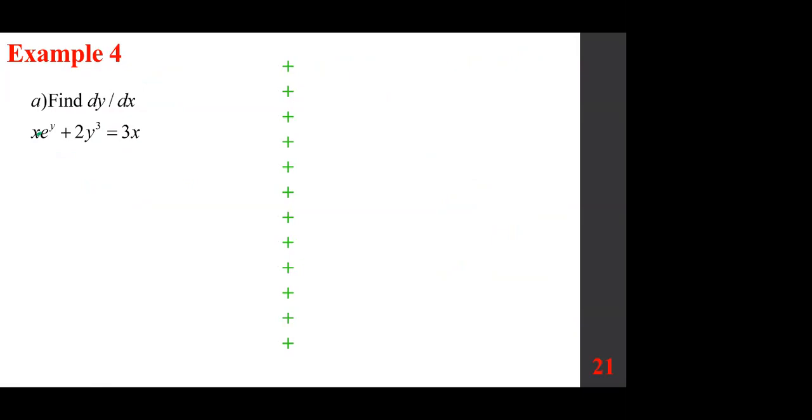Let's see what we get. Try this, everybody. We want to see if we can do the first step very carefully. Bear in mind, we are using the product rule again, x times e to the power of y.